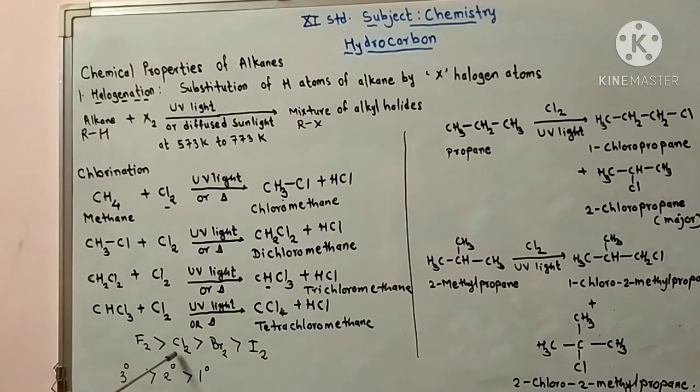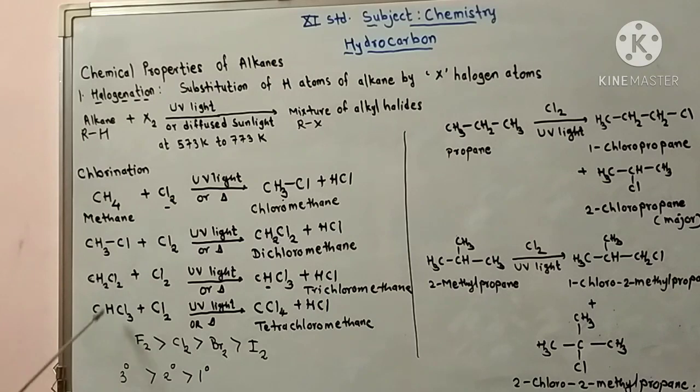But generally we consider chlorination and bromination reactions. We studied in this chapter chlorination, the reaction with chlorine, and bromination, the reaction with bromine. Because the reaction with fluorine is very fast, it is an explosive type of reaction.